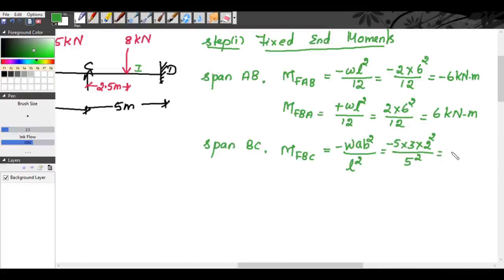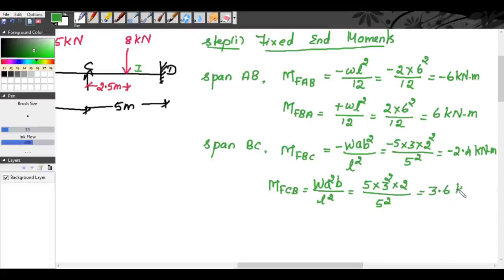We get minus 2.4 kilonewton meter. Now MFCB is equal to WA square B by L square, so it is 5 into 3 square into 2 by 5 square. We get 3.6 kilonewton meter.